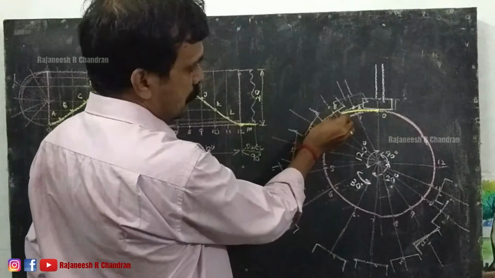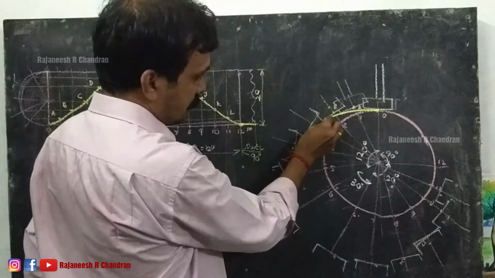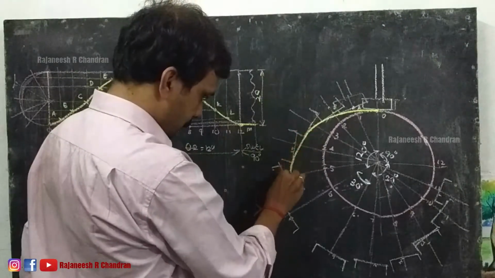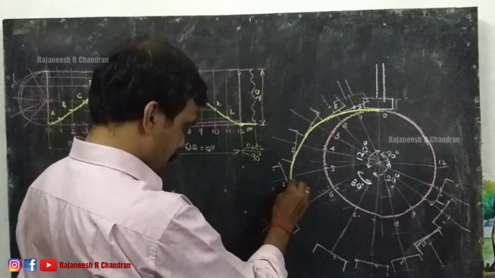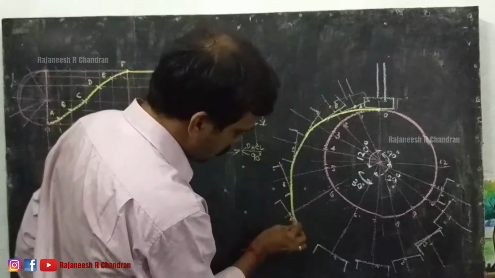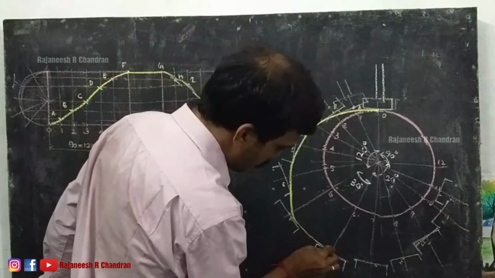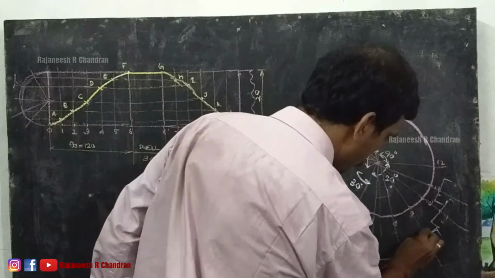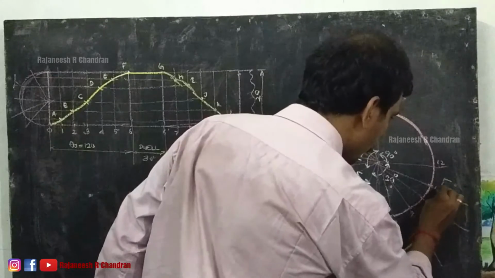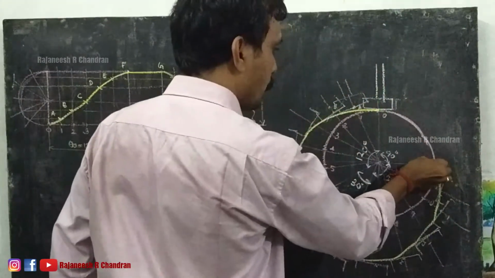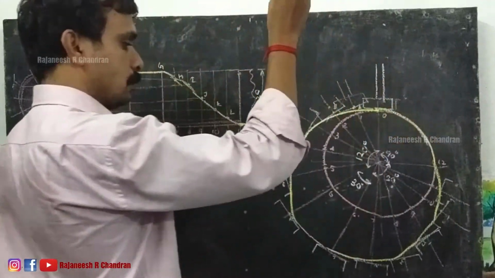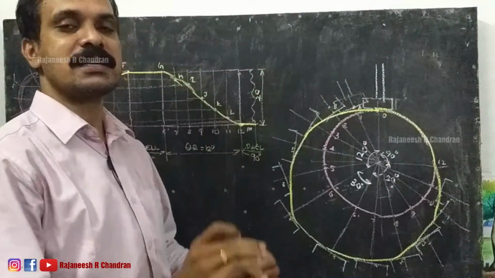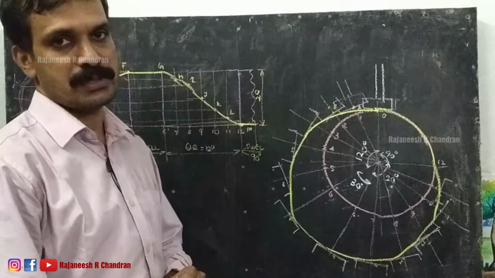See, it touched only here, from there, from there. This is the method of constructing the cam profile for a flat faced follower.